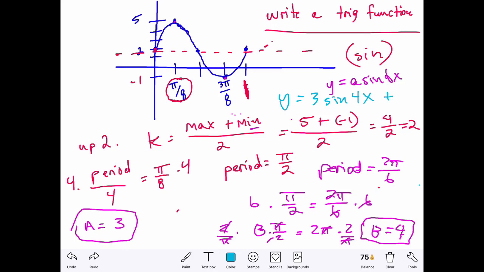Don't forget that plus 2 out here. So midline shifted up 2. We've got a period of pi halves. 2 pi over 4 is pi halves. And we've got an amplitude of 3. So my equation to model this situation would be y equals 3 sine 4x plus 2.